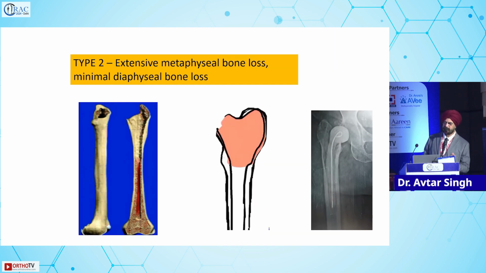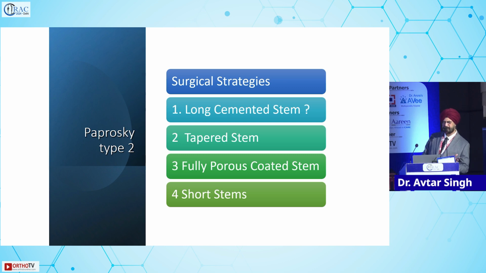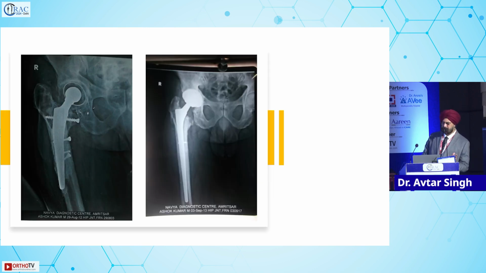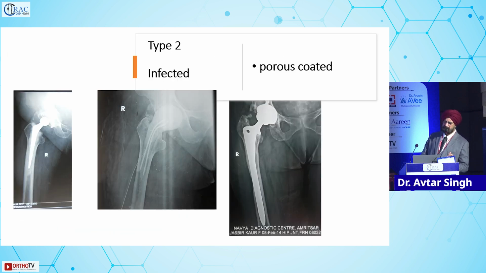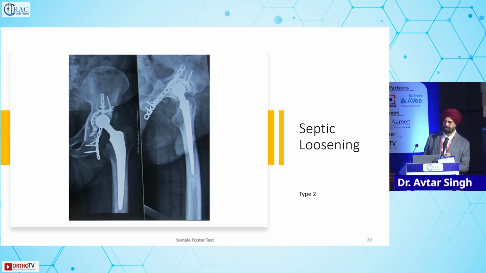Then type 2, a little more extensive metaphyseal bone loss, but no or minimal diaphyseal bone loss, and then you have different options. Again, tapered fluted is the workhorse in different cases. Infected situation, 2-stage. This was the stem being used a long time back, but now it's obsolete, but it worked in some situations.